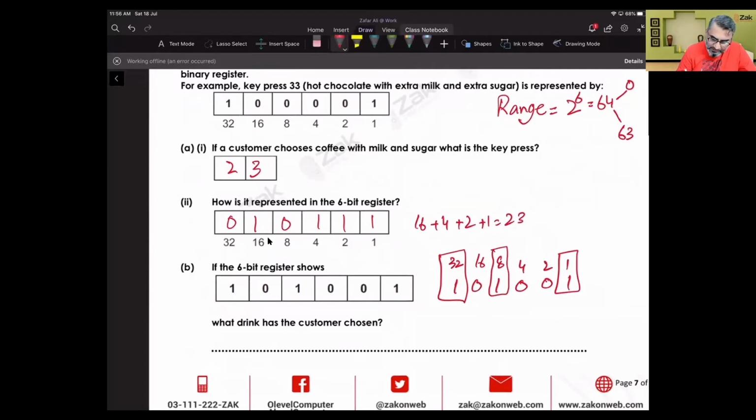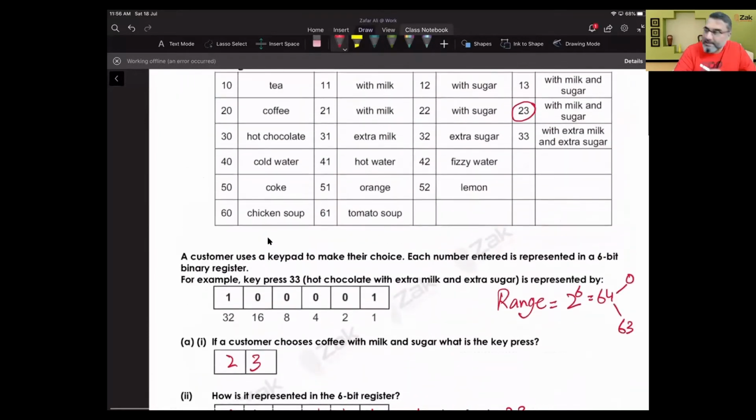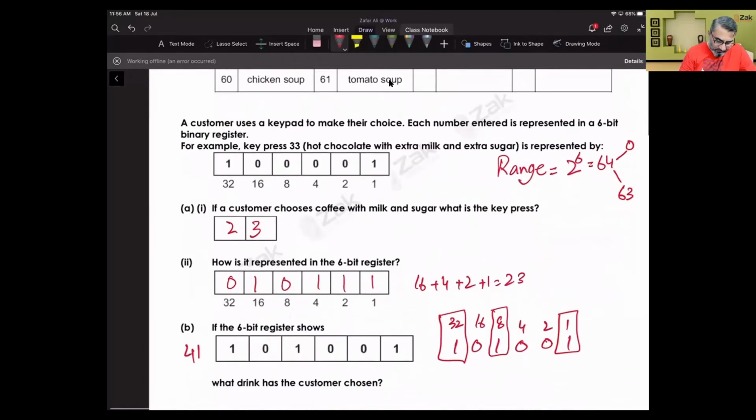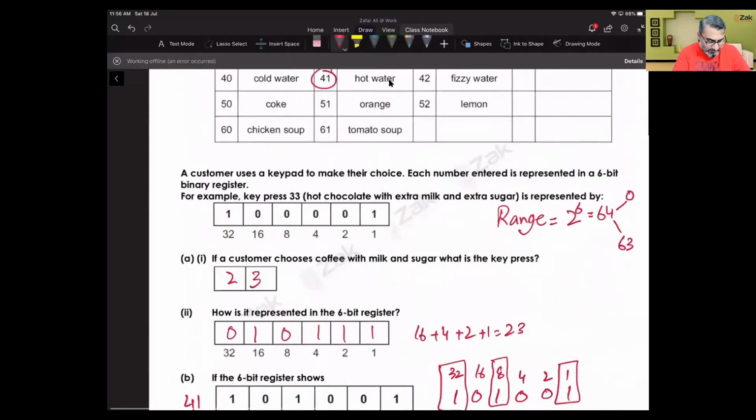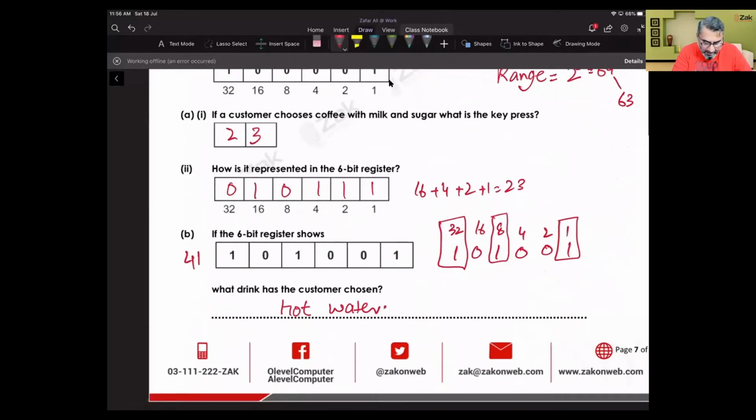So let's see what is at 41. 41 is hot water. What drink has the customer chosen? Hot water, 41. I hope it is making sense to you now, the use of registers.